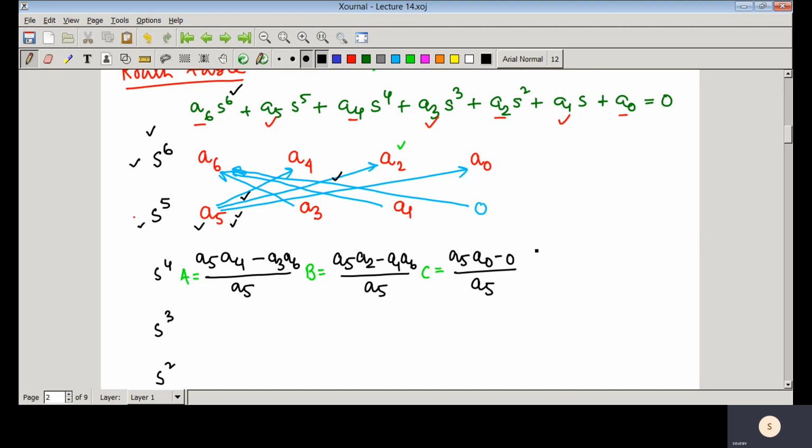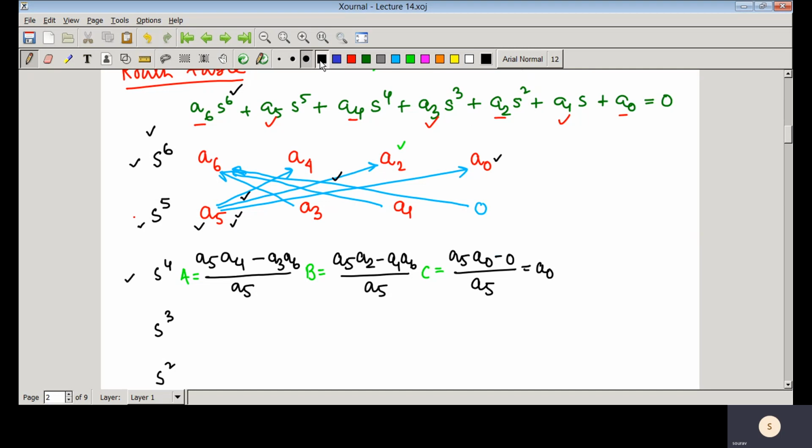So basically we have a0, only this term. Now this row is done. This is the method you need to follow to build the Routh table.